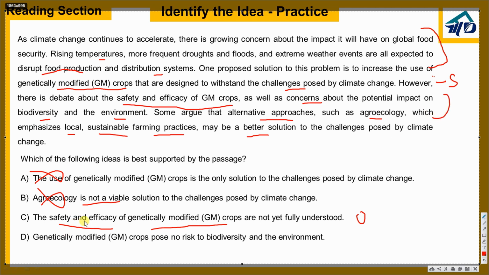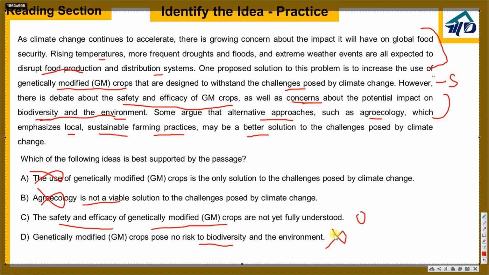The fourth one, genetically modified crops pose no risk to biodiversity and the environment. No, they said there are concerns about the potential impact on biodiversity and environment. So this can also be eliminated.